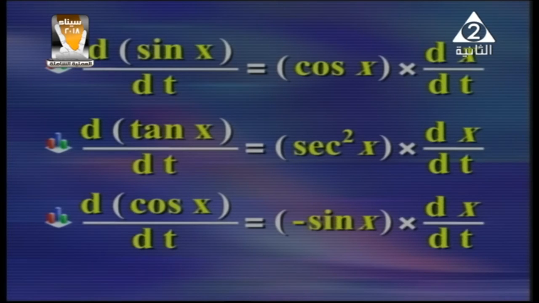Remember, dear student, the derivative of sine is cosine, of tan is sec squared, of cosine is negative sine, but in time rate, multiply by dx/dt.